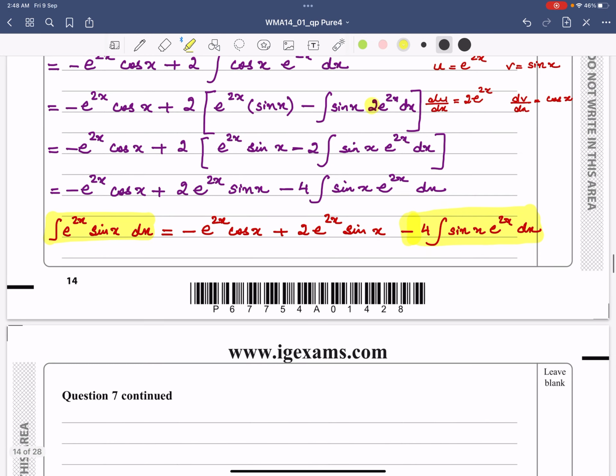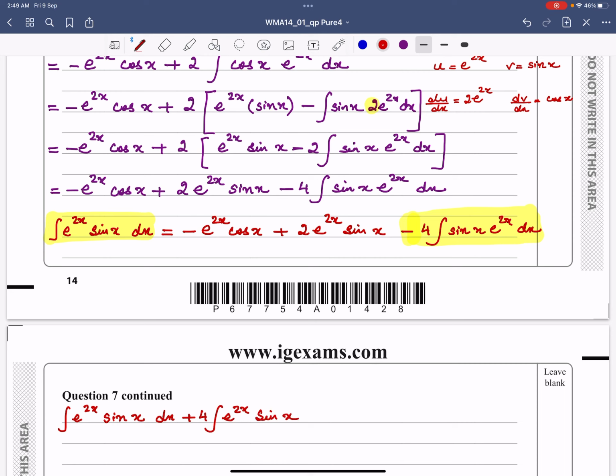So what I will do here is I'm going to pull out. So the first left side, I'm going to write it as it is, which is integral of e to the power of 2x sine x with respect to x, and the plus 4 into integral of, now I'm going to write it in the same way, e to the power of 2x sine x.